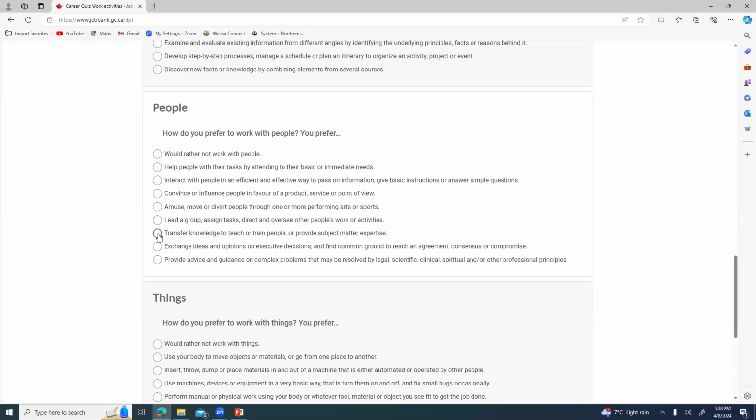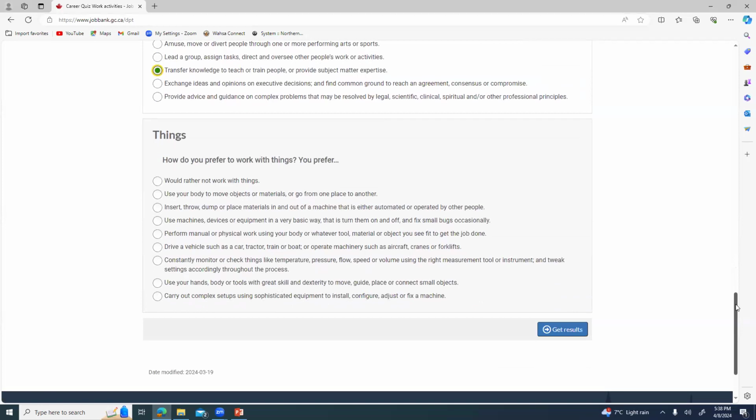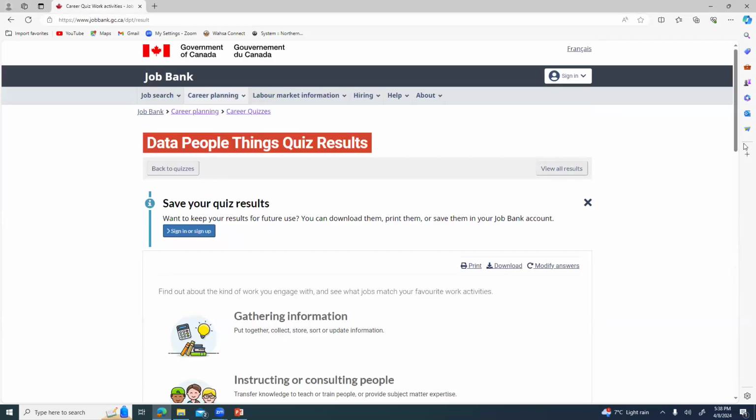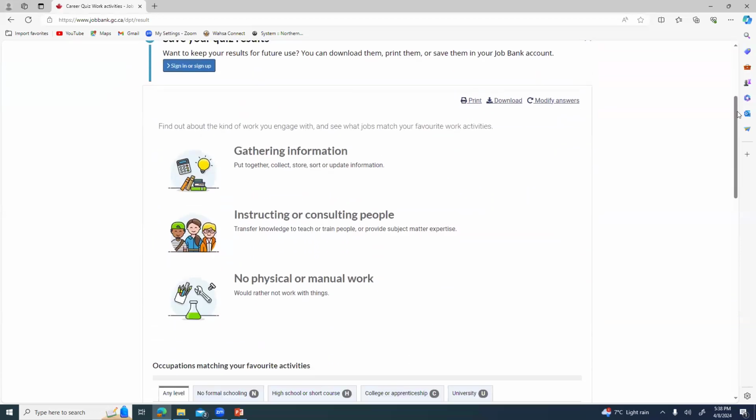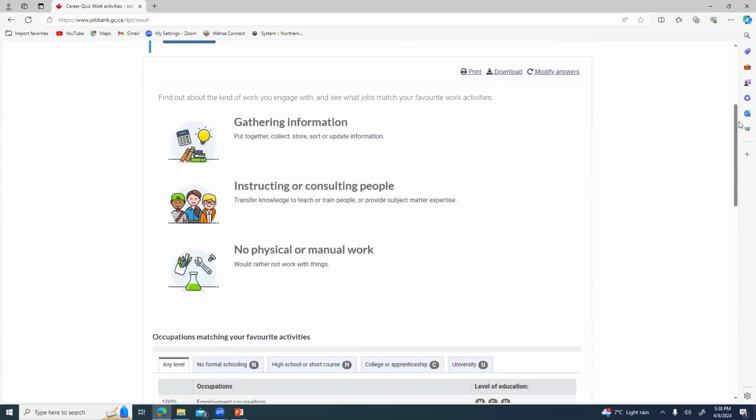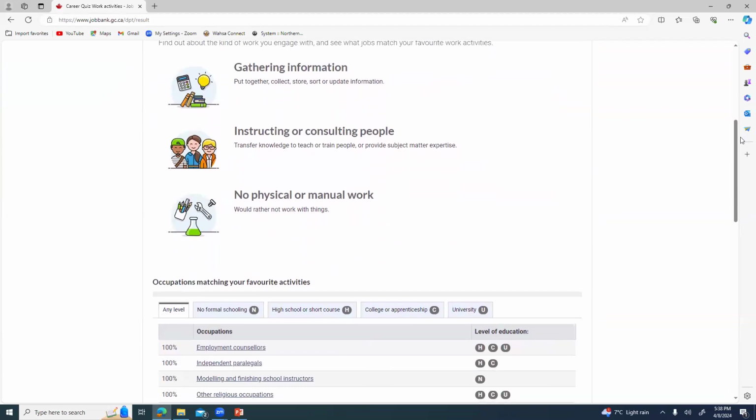I'm going to go transfer knowledge, I think. Okay. Things, I would actually rather not work with things. I'm not much of a thing person. So I like to gather information, instruct or consult people, no physical or manual work.